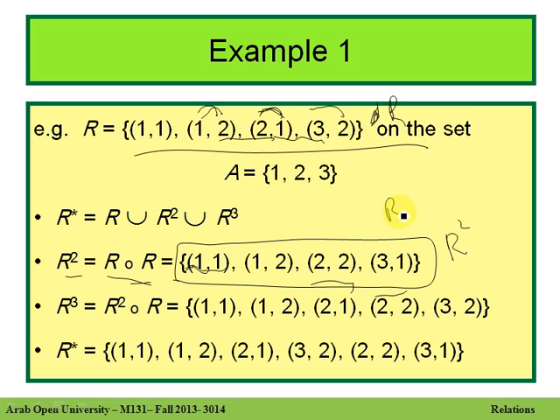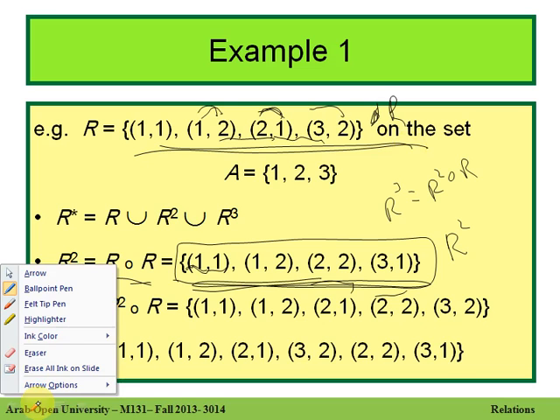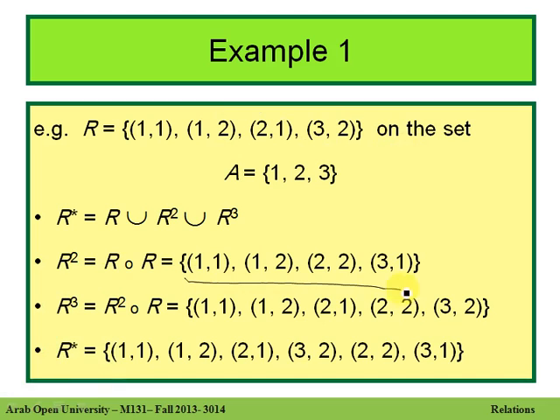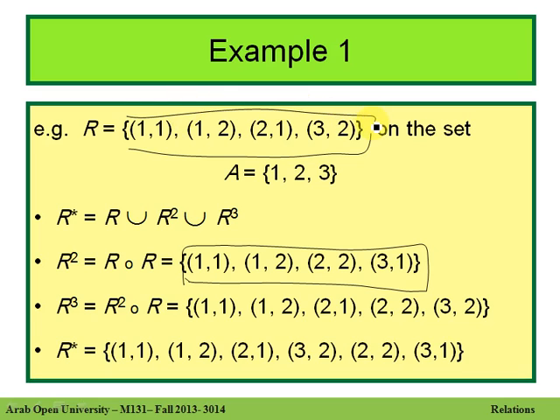For R cube is equal to R square composed with R. So now you do this composed with this R. So we are going to do now this one composed with this one. Okay. Now if there is 1 comma 1, yeah, it will present 1 comma 1. So it is 1 comma 1. Clear? And there is 1 comma 2, then there is a 2 comma 1.